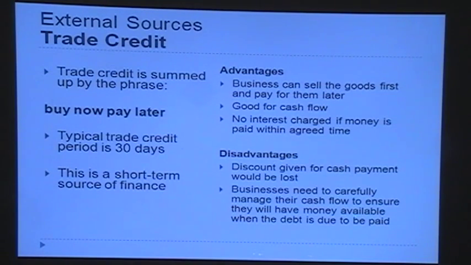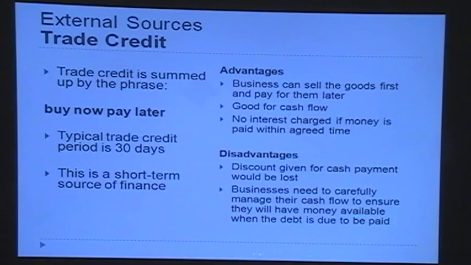Trade credit is a very common way of raising money. Lots of creditors are giving businesses credit facilities, especially suppliers and the providers of goods. It is a system where you typically buy goods and you pay, for example, in 30 days' time. However, this is a short-term source of finance.